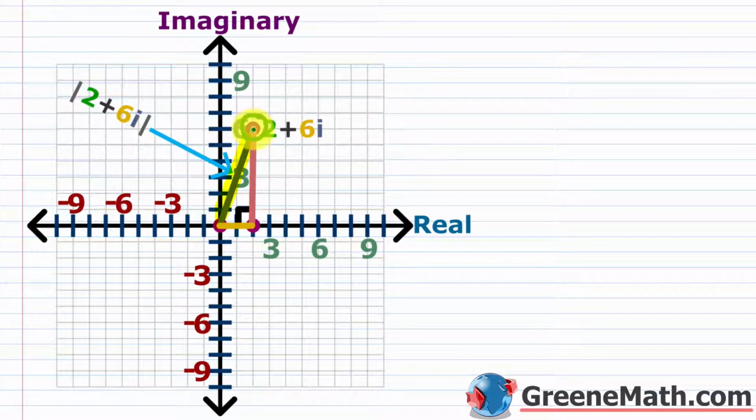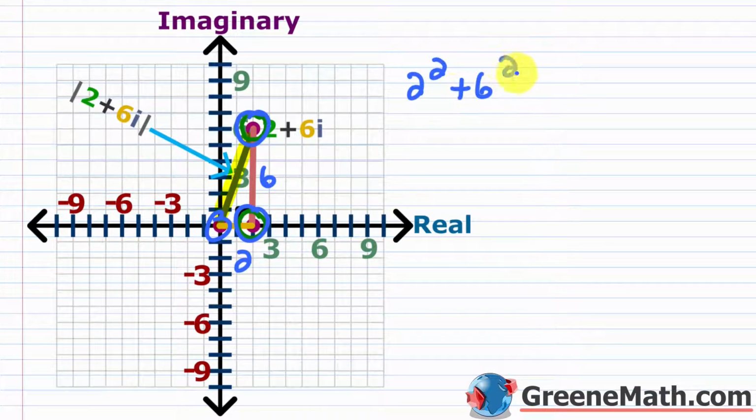And again, if you look at this distance from here to here, let me circle this in a different color. From here to here, well, this is 6 units, right? Let me put a 6 there. And then if you look at the distance from there to there, it's 2 units. So again, with the Pythagorean theorem, 2 squared plus 6 squared is going to be equal to the absolute value of 2 plus 6i, and we might as well just say that's squared, right?